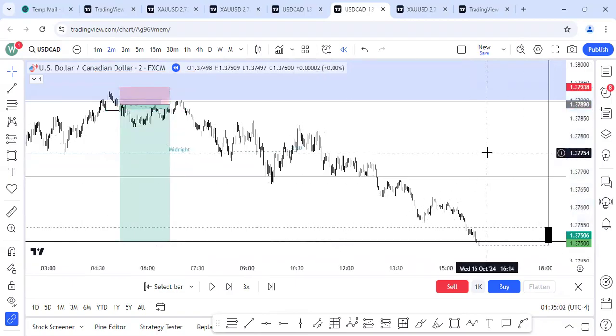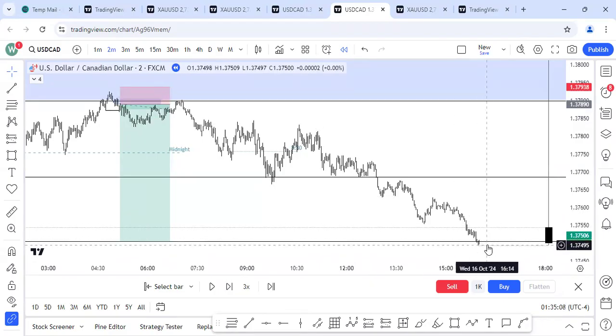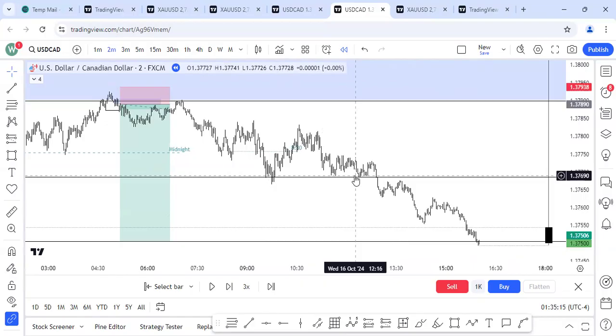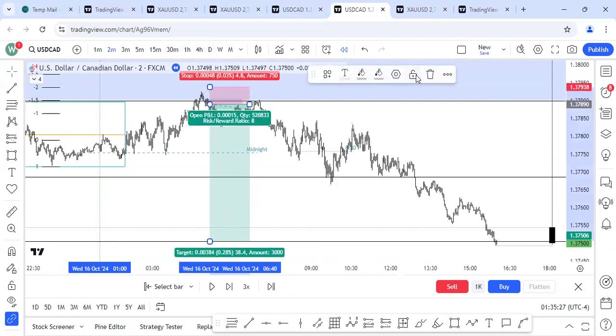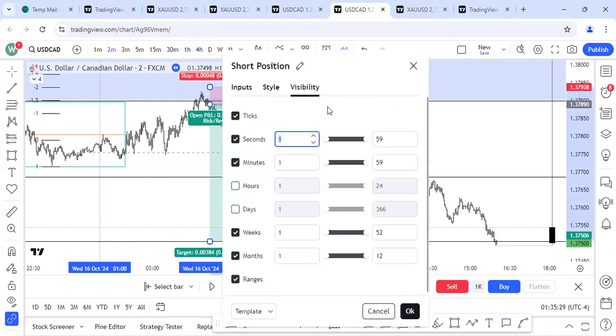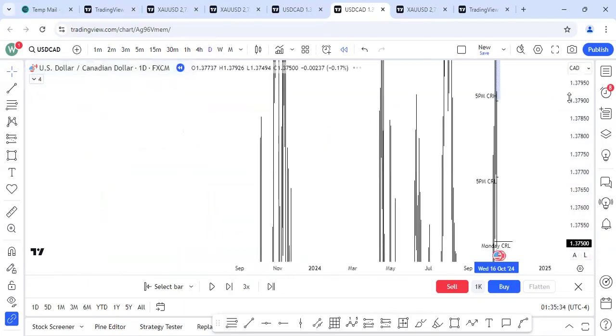So as you can see here, we got our TP, price reaching and sweeping the low of the Monday candle range. Okay, so now this is our full CRT. We can now switch to the daily time frame to see how it ended up.